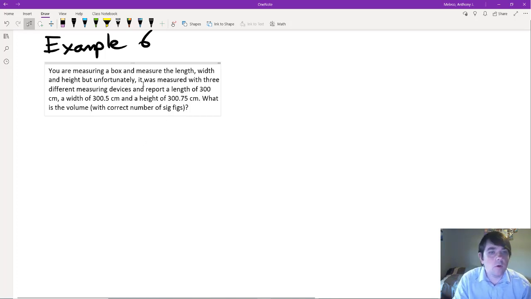So you're measuring it. We have these 3 length, width, and height numbers, and they're all different lengths, right? So they all have a different number of significant figures, and we want to know what is the volume.